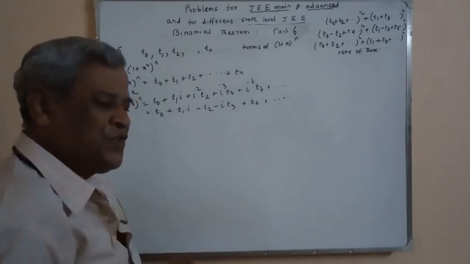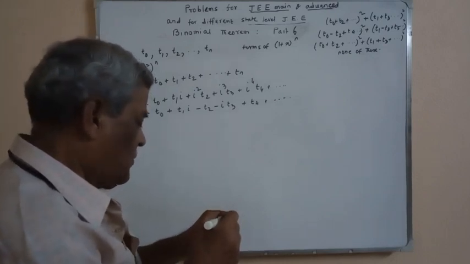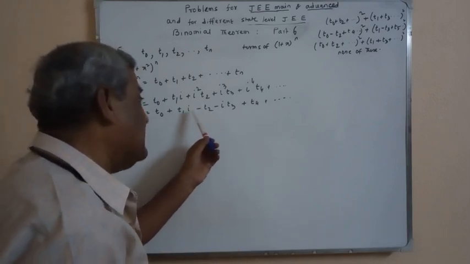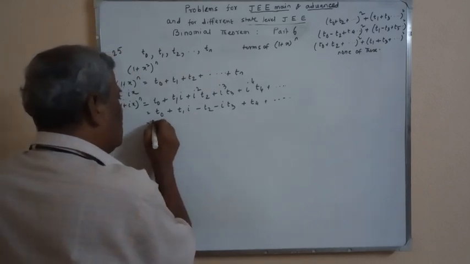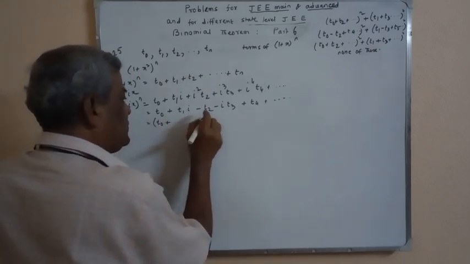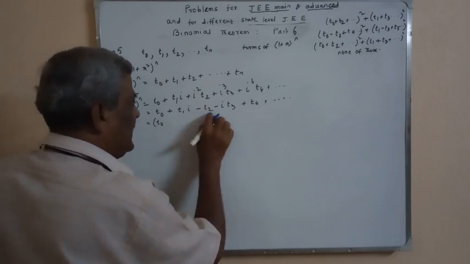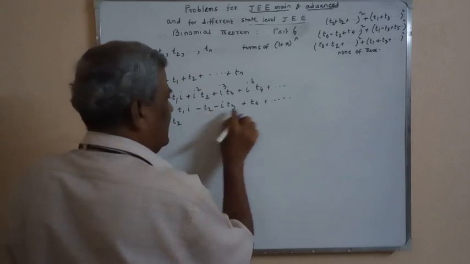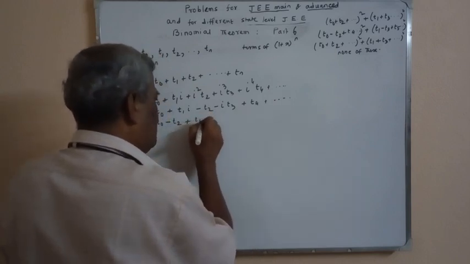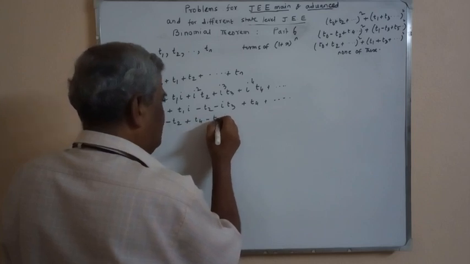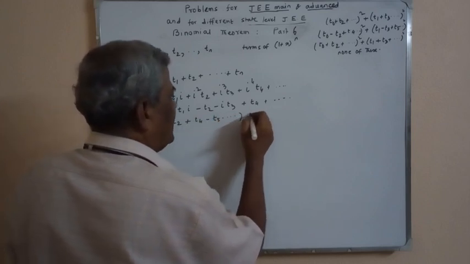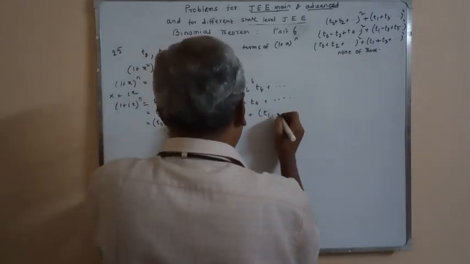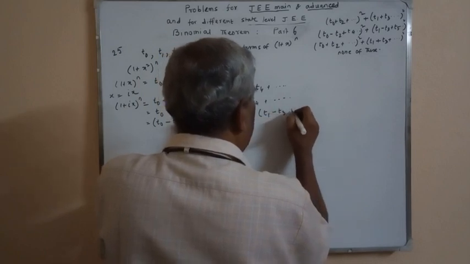So some coefficients are real, and some coefficients contain i. So it is equal to T0 minus T2 plus T4 minus T5, sorry, I am searching for the part independent of i, then plus i into T1 minus T3 plus T5.